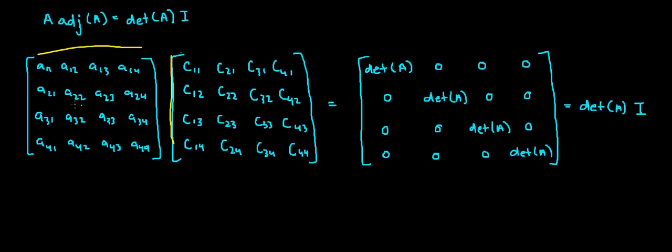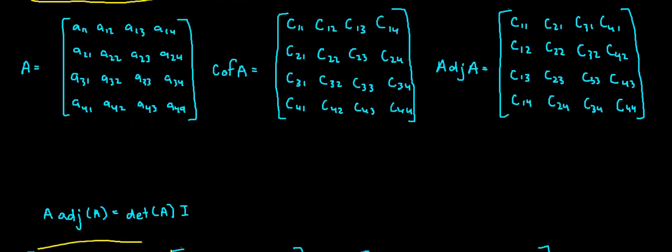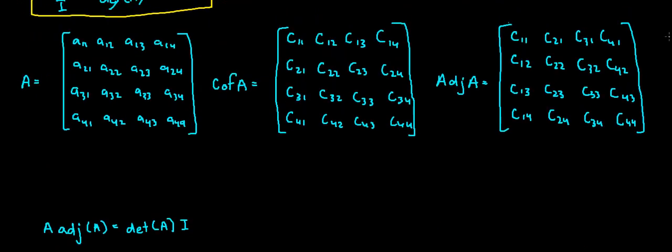Now let's look at what happens at the second entry. So the second entry will be this first row times the second column. So A11, A12, A13, A14 multiplied by C21, C22, C23, C24. And looking back up here, this is not necessary, it's just easier to see. Since this is a transpose, it's multiplying this row by this row, the second one right here.